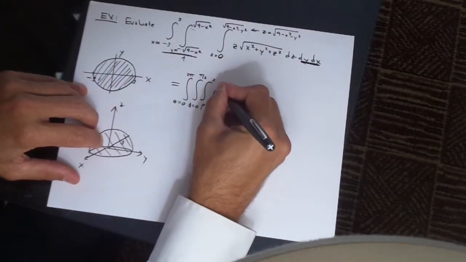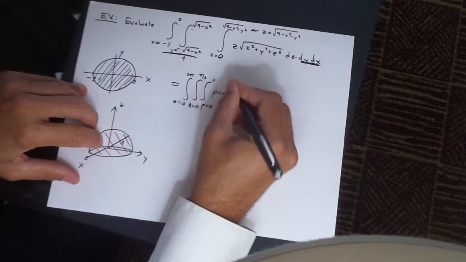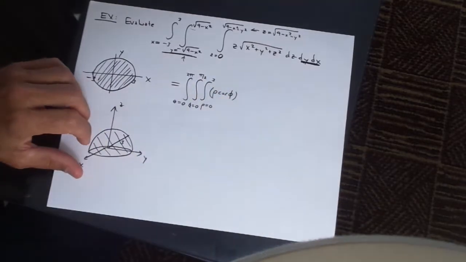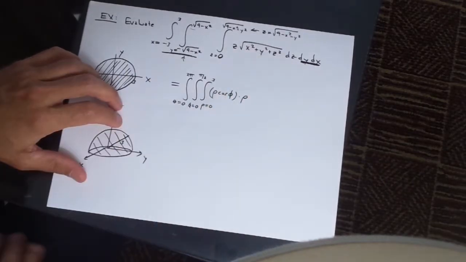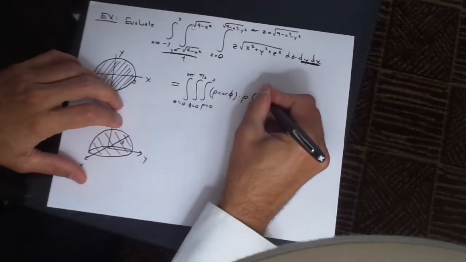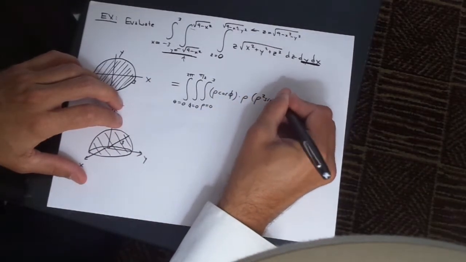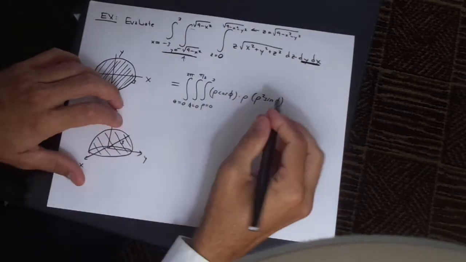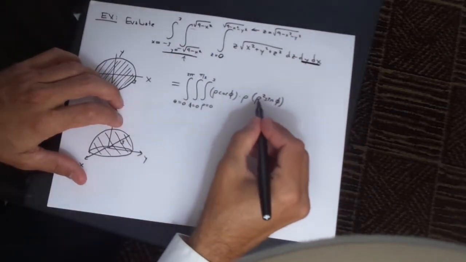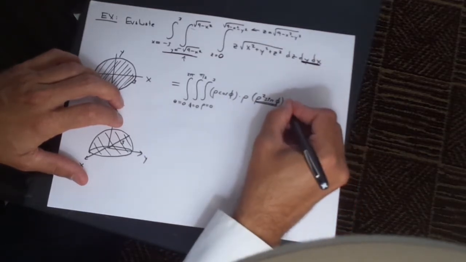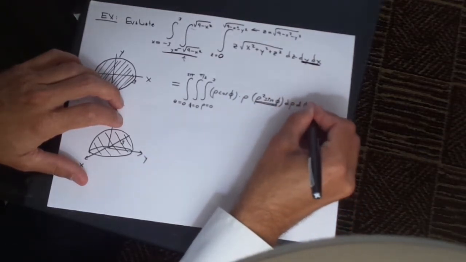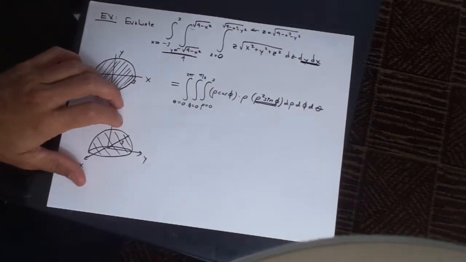Z in spherical coordinates, z is rho cosine phi. Okay. In spherical coordinates, that radical just becomes rho. We have our price we have to pay for converting to spherical coordinates, which I derived earlier in this video. It's just rho squared sine phi. You always have to throw that in there. And then d rho, d phi, d theta.